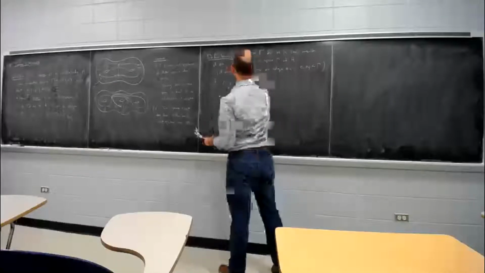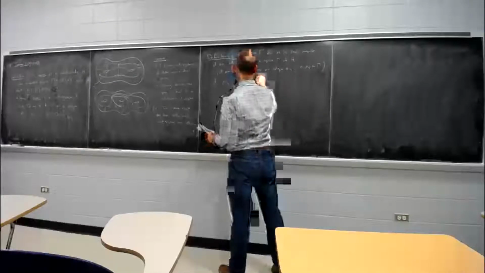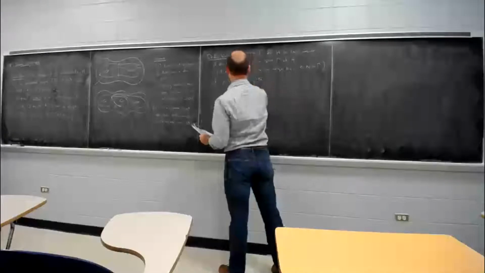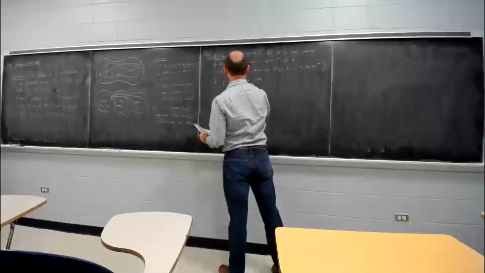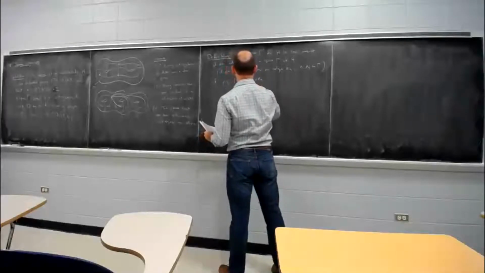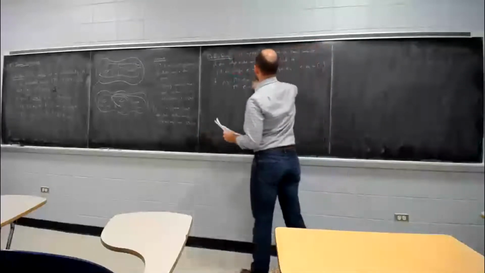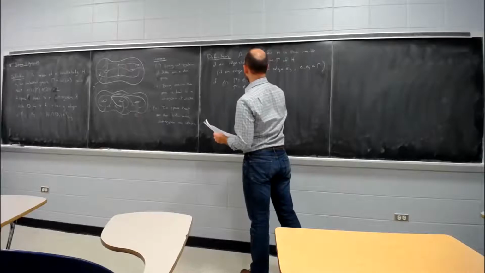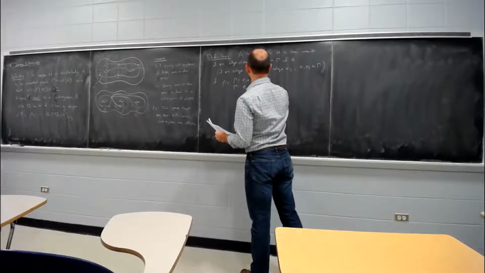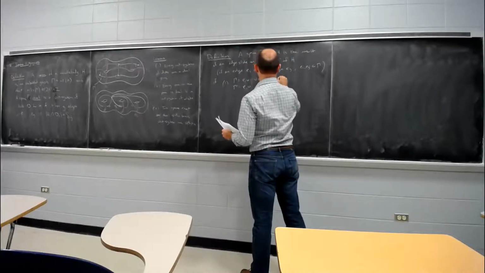So the first thing we want is, let's write gamma as the union of edges, in particular let's throw in e sub i.